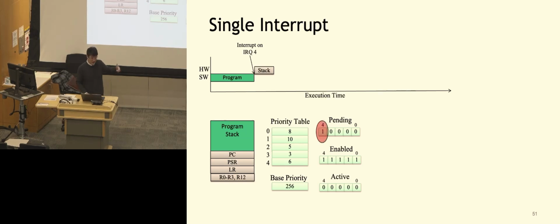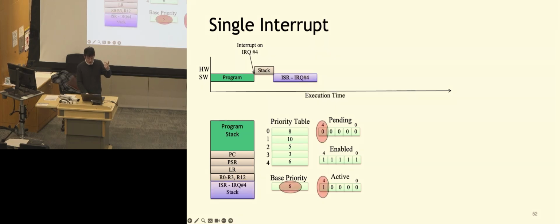So the corresponding bit in pending goes to 1, indicating something requires attention. At the hardware level, the processor will stack all the registers needed to keep the current state of the program onto the stack: R0 to R3, R12, the link register, etc. And then it goes to the actual execution of that request, its subroutine call, basically. That causes pending to go back to 0, and active to go to 1 because it's currently active.